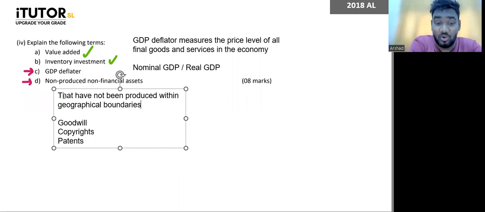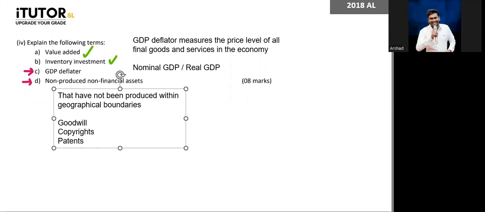For example, your goodwill, or if you have a copyright on something, those kinds of things can aid in your production process.